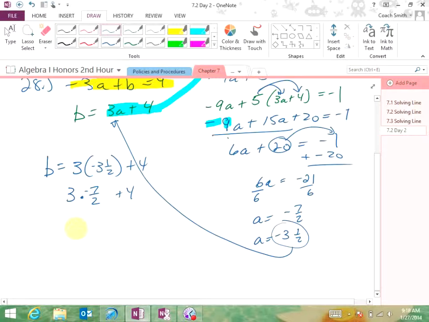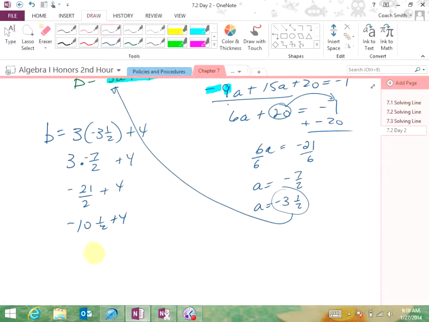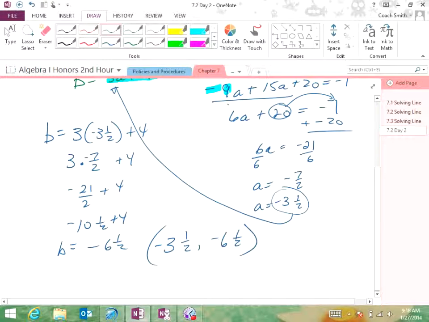And so that's going to give me negative 21 over 2 plus 4. 21 over 2 is what? 10.5. So negative 10.5 plus 4 would give me negative 6.5. So b is equal to that. So your two points then are negative 3.5 and negative 6.5. And that would be your answer.